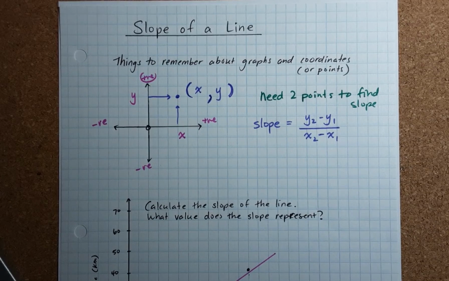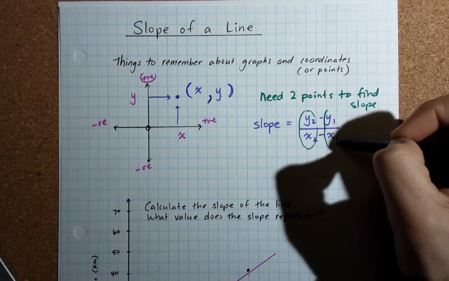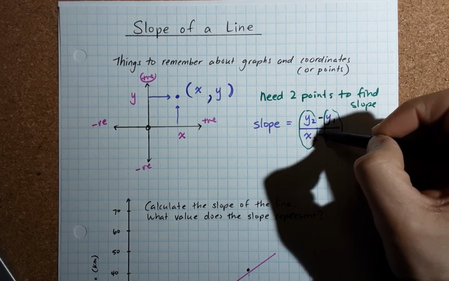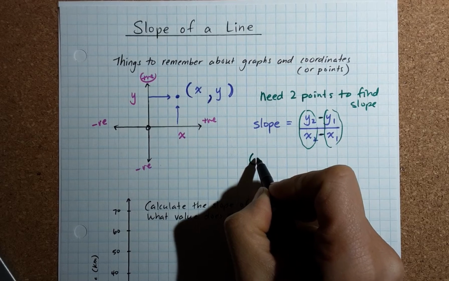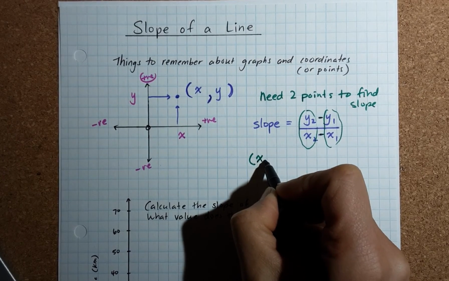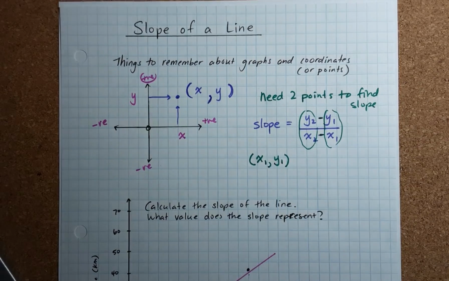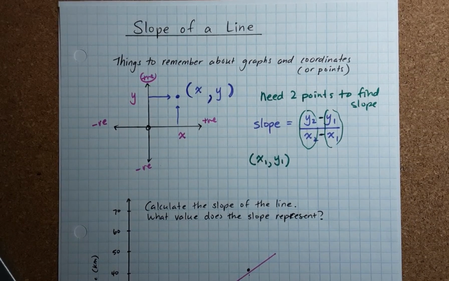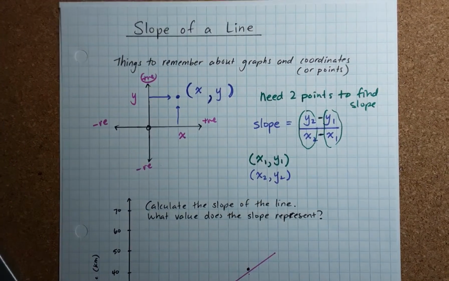Now, I know I may make this look messy. This is 1 point, this is 1 point, and we have a subtraction sign in between them. So what do the 2 points look like? x1, y1. So the ones belong to 1 point, okay? And then you have a second point somewhere on your graph, x2 and y2.